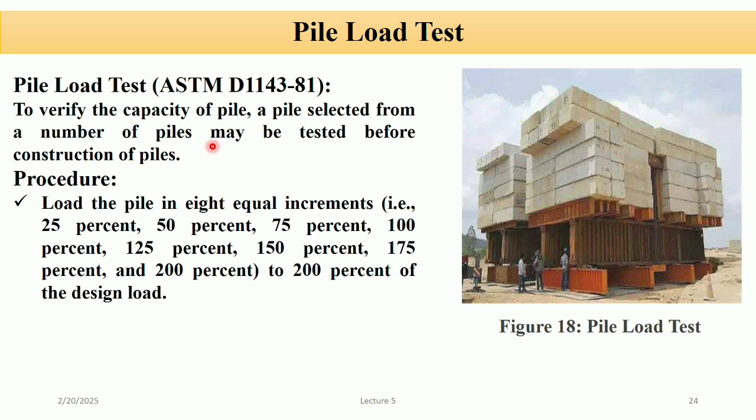The procedure of the pile load test is that we have to load the pile to 200% of the design load in 8 equal increments, i.e. first we load the pile to 25% of the design load, then 50, then 75, up to 200, and we maintain each increment until the rate of settlement decreases to 0.01 inch per hour.